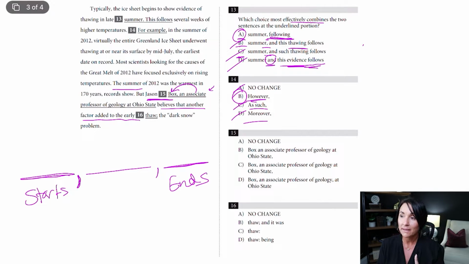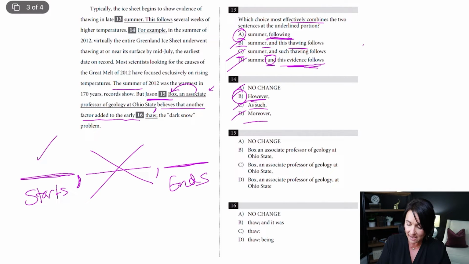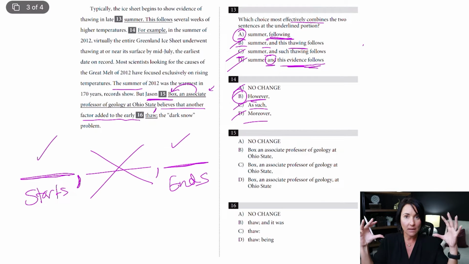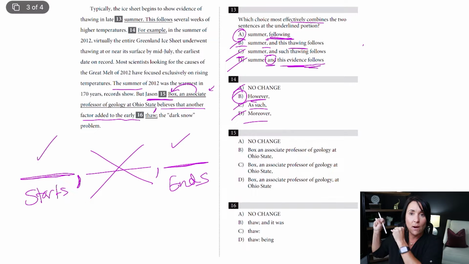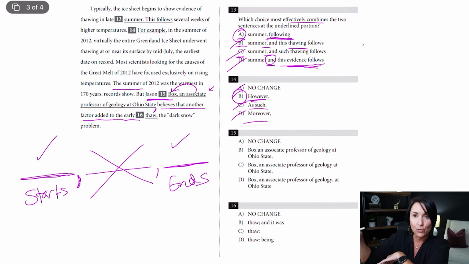However, there's a problem here. You need a comma after Ohio State, because essentially you should be able to take out that middle piece and read this and this as one independent clause. When you put commas on both sides, you're essentially bracketing that out, pulling it out and throwing it away, and it'll read right.